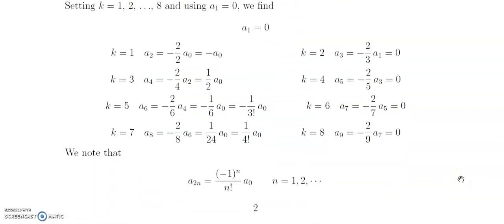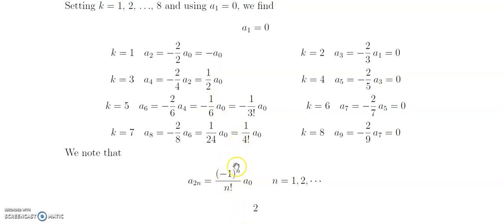So we are trying to figure out a pattern. Over here, all the coefficients with the odd index are equal to 0. So a sub 2n+1 will be 0. Over here, the coefficients with even index, notice that they have the signs negative, positive, negative, positive.